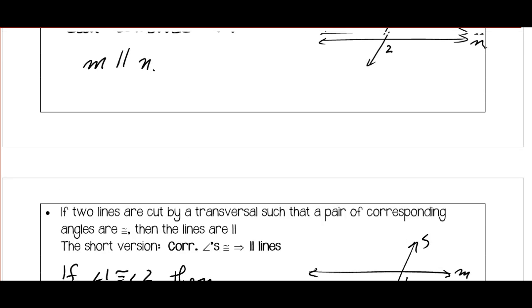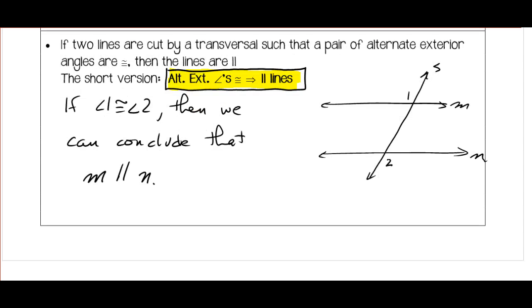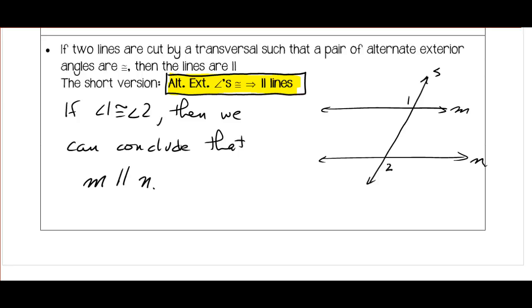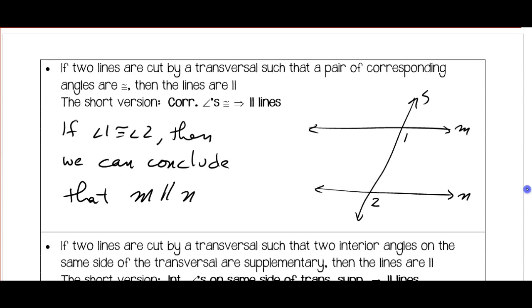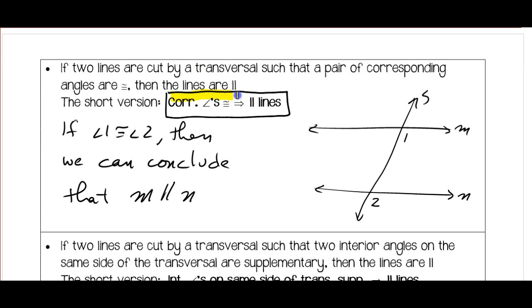So we've got one pair of angles congruent, alternate interior, another pair of angles congruent, alternate exterior, a third pair of angles congruent, corresponding. So any of these three pairs of angles, if they're congruent, then the lines are parallel.